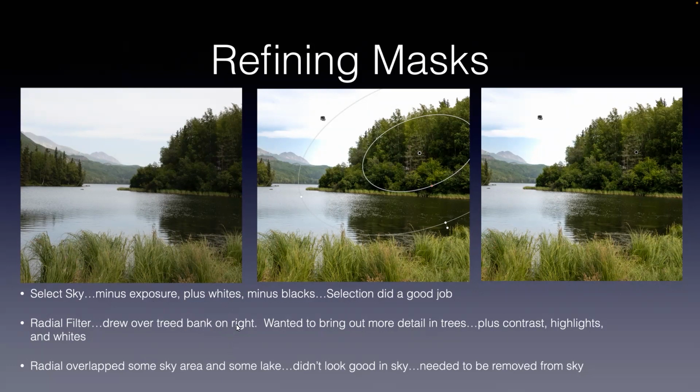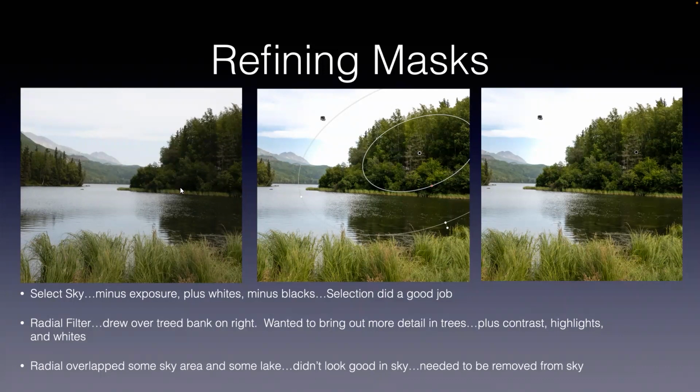But now I'm looking at this picture and I think this bank of trees would look better if I could lighten it a little bit. And maybe I want to bring up those highlights that I'm seeing in the leaves, and maybe even bring up the shadows a little bit. So how can I select this group of trees?